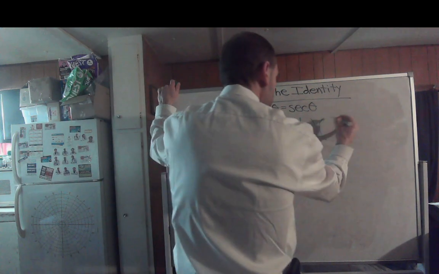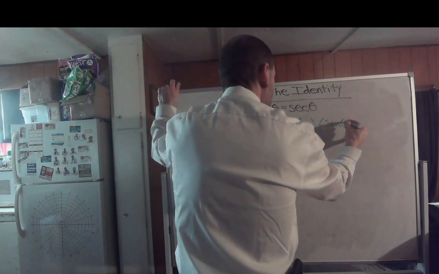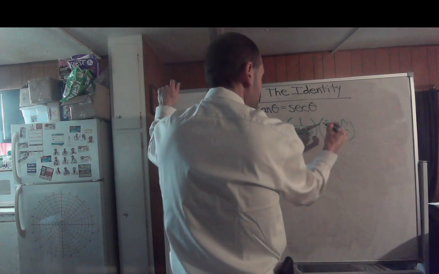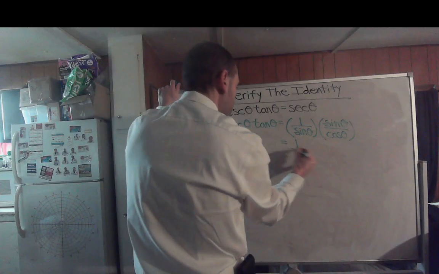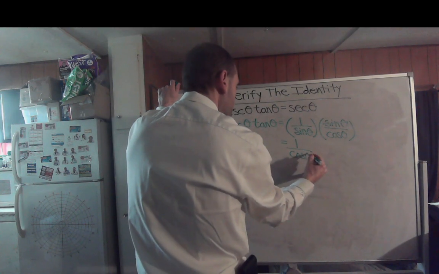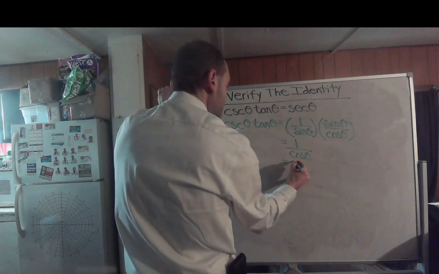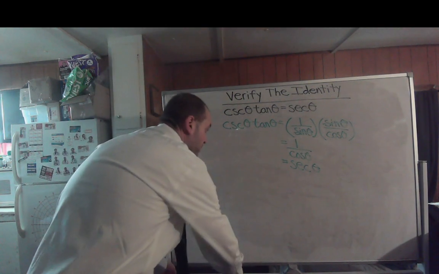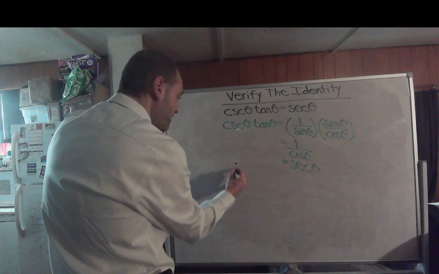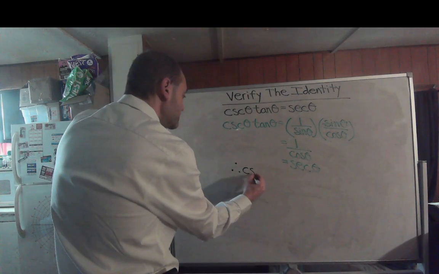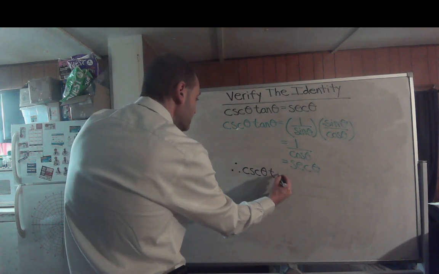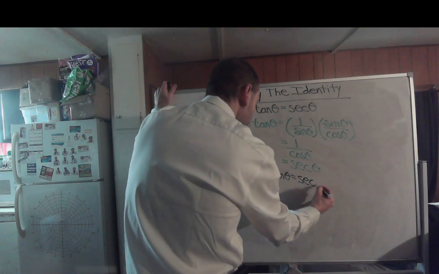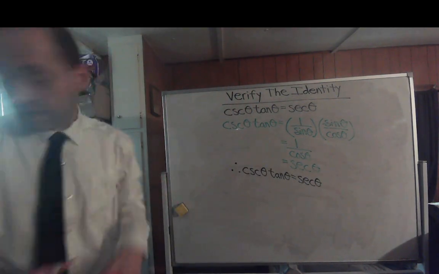Well, that's going to end up being the sine of theta over the cosine of theta. Then, of course, you notice your sines cancel out. You're left with 1 divided by the cosine of theta, which 1 over the cosine is the secant. So we've reached what we seek to verify, so we can say that therefore the cosecant of theta tangent of theta equals the secant of theta. So we have just proven that.